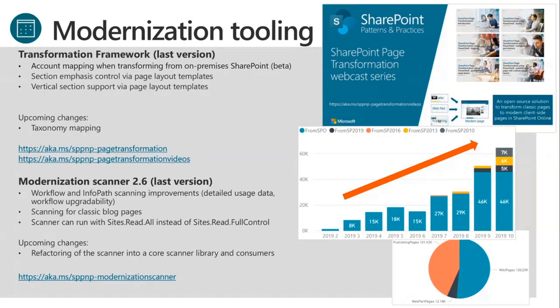Yeah. So upcoming changes. Looking at things, we're getting pretty feature complete actually. But one of the things that we still miss is taxonomy mapping. The idea is that in on-prem, you have a page that has metadata that points to a certain term set and term.